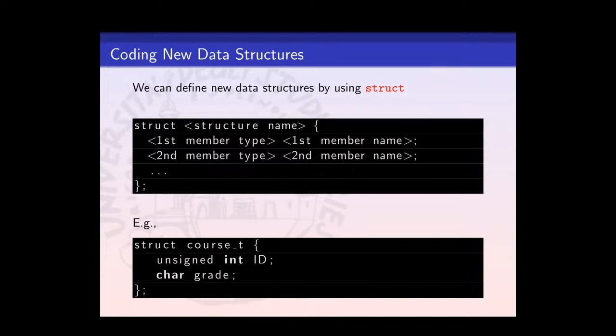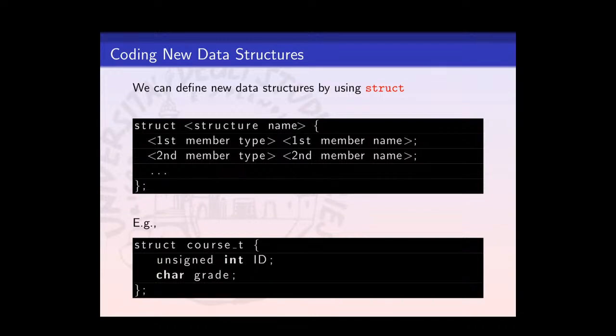So to do it, we can use the syntax struct. In the C programming language, struct is a way to define a new data structure. So by writing struct, the structure name, open brackets, a set of, let's say, properties of that structure, close brackets, we are able to define a new data type. Okay.